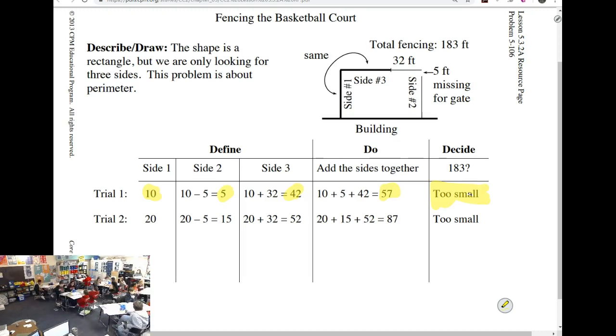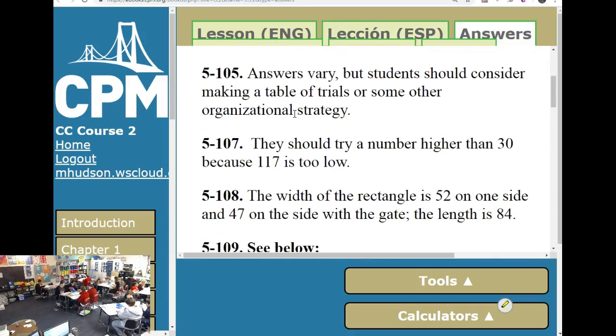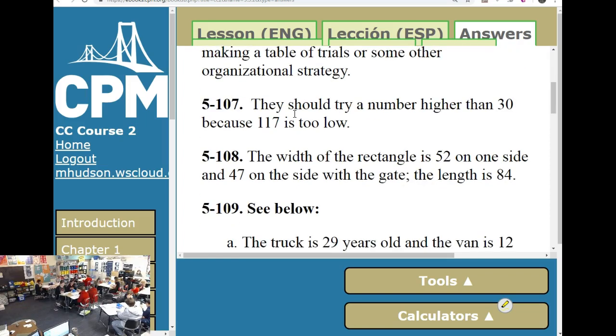Hey, Colin. I'm still drawing it out. Mr. Hudson, he needs a resource page.